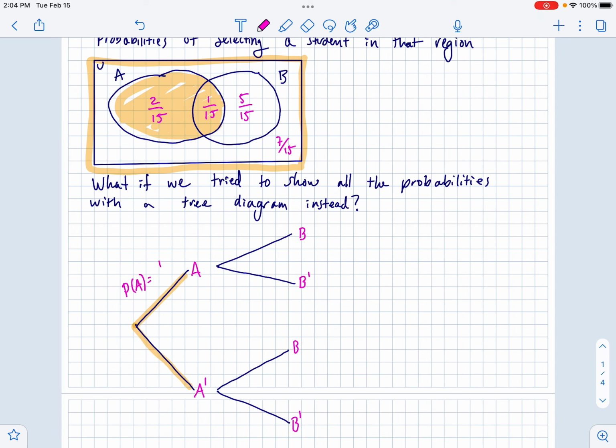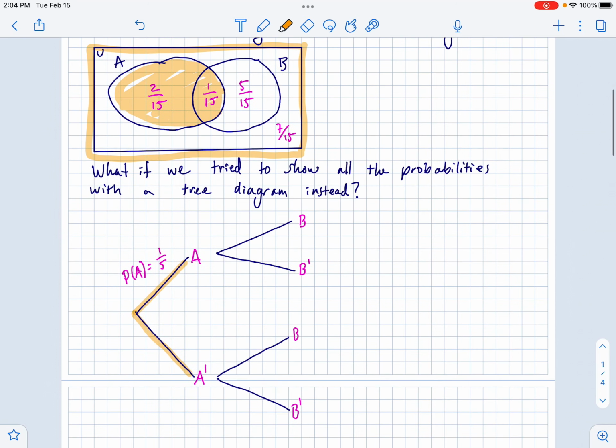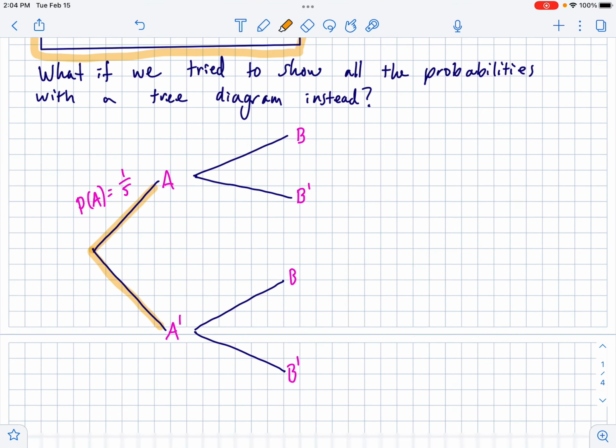So the probability of A is 1 over 5. Now, I could add up these numbers here to find the probability of not A, but remember that if the probability of A is 1 out of 5, then the complement is just 1 minus that. So the probability of not A is 4 out of 5.